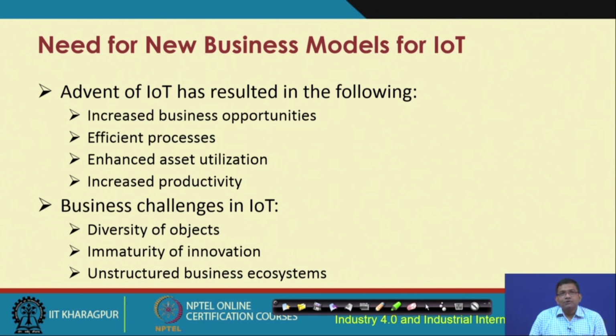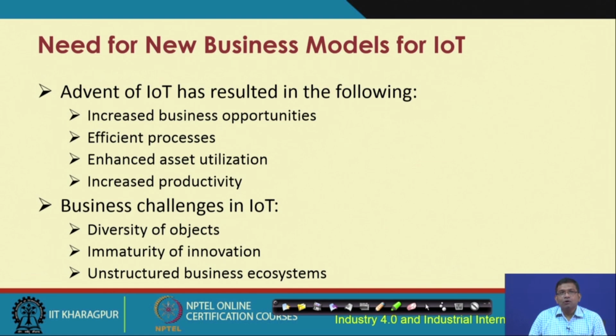Although there are so many advantages of IoT from a business perspective, there are different business challenges as well in the adoption of IoT. The first one is the diversity of the objects, and this is very key because in the IoT world we are talking about diversity of the different physical objects, the things that are connected. We are talking about an internetwork of different physical objects.